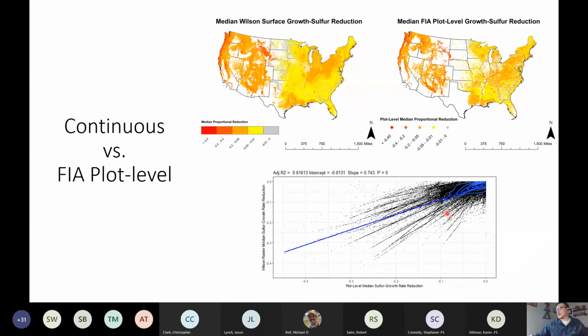This is pretty hot off the presses analysis, so I can't speak to it in a whole lot of detail, but what I would expect is that some of these different trends are likely due to some regional influence, if you have certain pockets of sulfur deposition occurring. That's one comparison we can do. It has a pretty good R squared and p-value. As I mentioned, the slope is 0.74, so the Wilson is underpredicted a little bit, at least in this analysis.